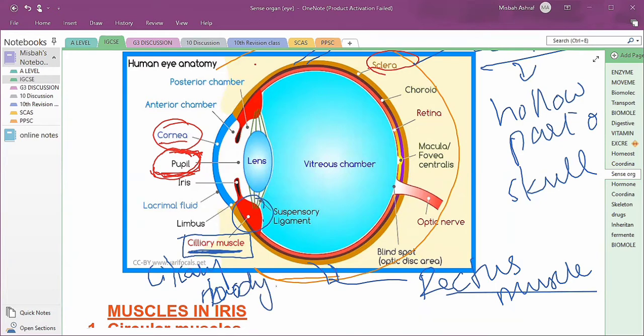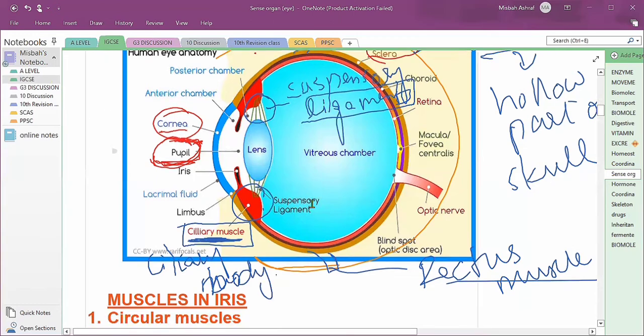Okay, with the ciliary muscles, some ligaments are attached. These are green here. These are the suspensory ligaments. Ligaments are actually connective tissues.